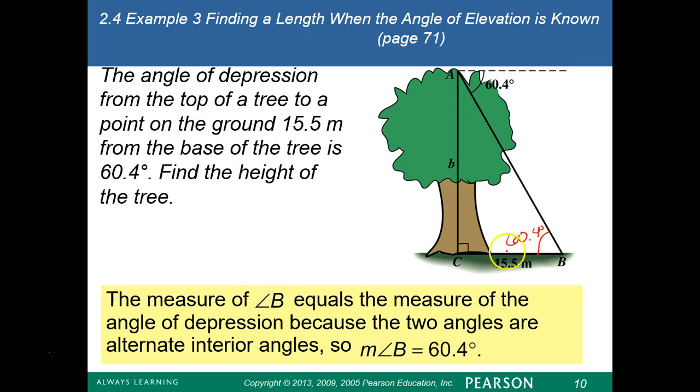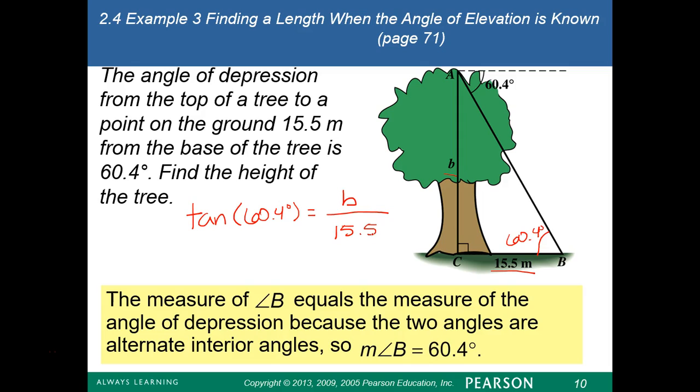So we have the side measurement that is adjacent to the angle that we are given, and then opposite. Opposite and adjacent, that is the tangent function that we are going to be using. The tangent of our angle, which is 60.4 degrees, is equal to opposite over adjacent, so B over 15.5.